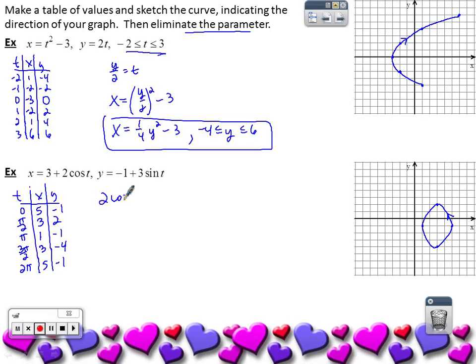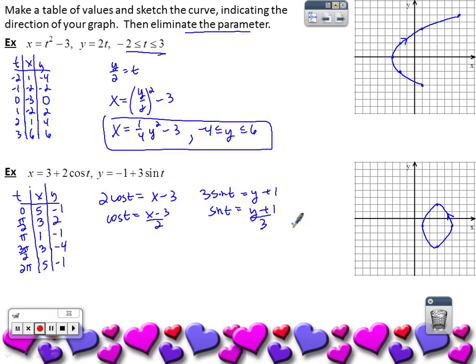So I have 2 cosine t equals x minus 3. And then I divide by 2, and so I get cosine t equals (x minus 3) over 2. I'm going to do the same thing over here with sine. So I get 3 sine t equals y plus 1, so sine t is going to equal (y plus 1) divided by 3.